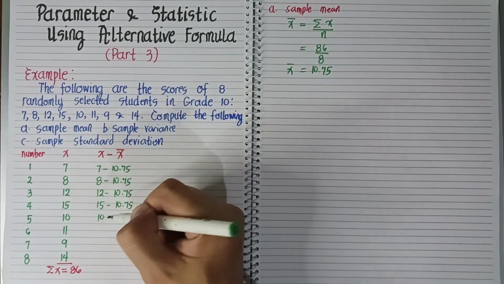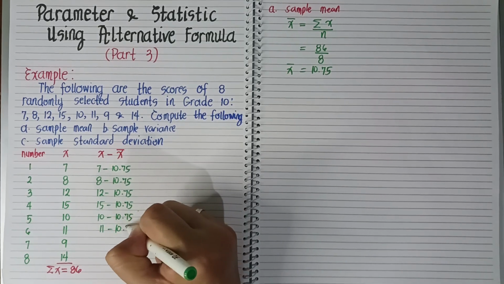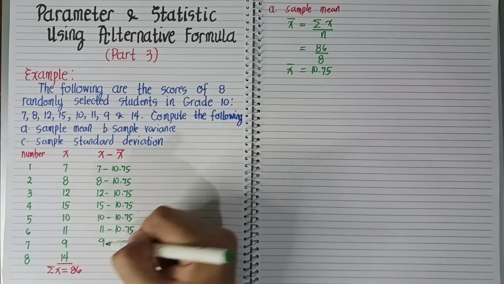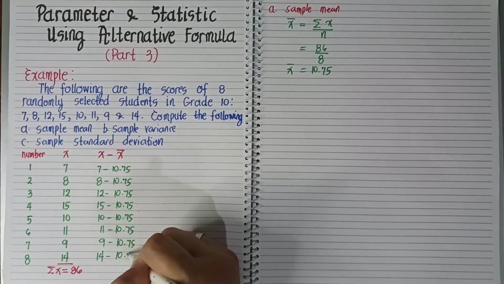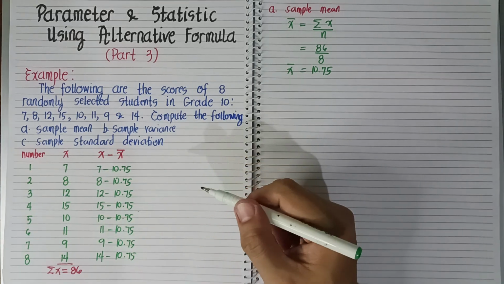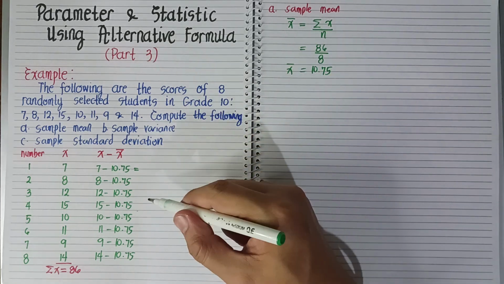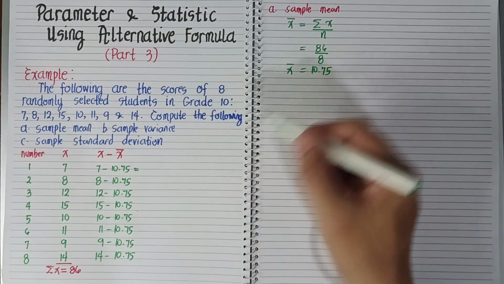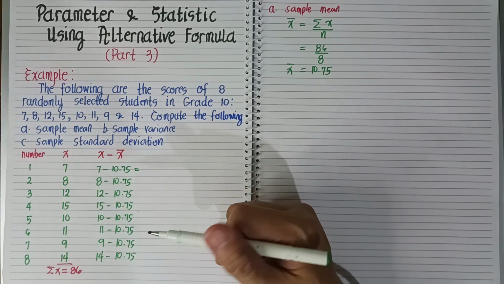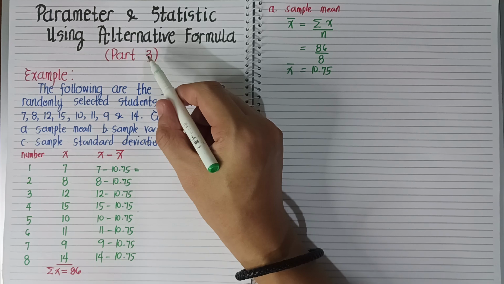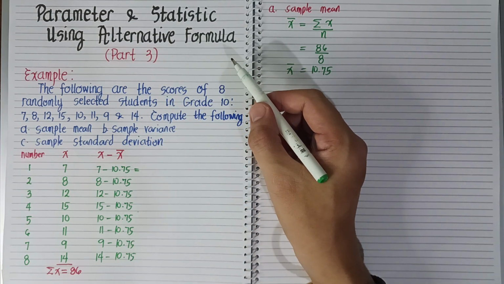And then, 10 minus 10.75. 11 minus 10.75, 9 minus 10.75, and last, 14 minus 10.75. Okay, so here guys, we subtract one by one. By the way guys, I'm showing first our previous solution, which is this one. And after this, I will show you how to perform the alternative method or formula, and which one you will find easier.